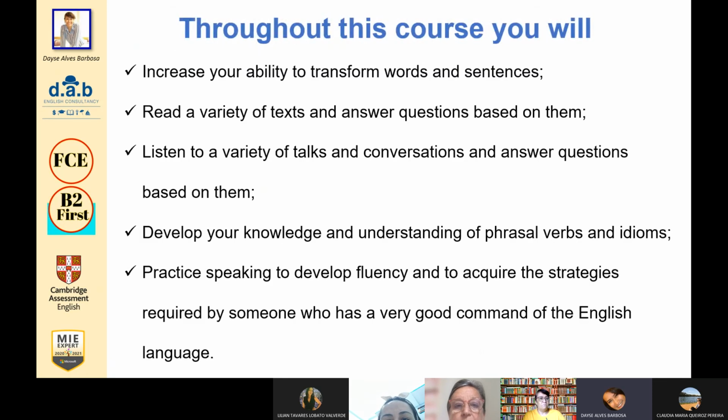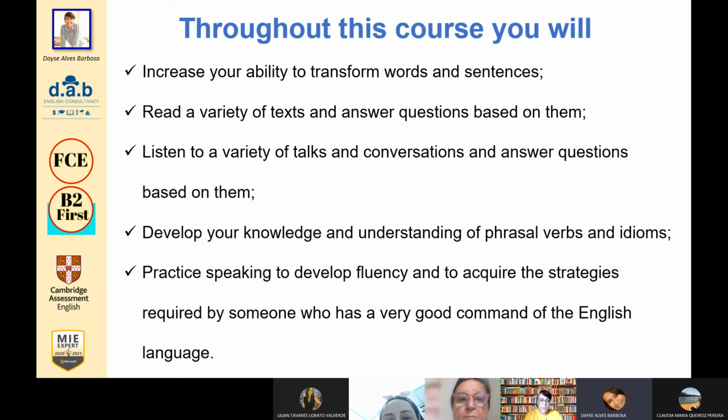Throughout this course, my aim and your aim, of course, is to increase your ability to transform words and sentences. Let me explain this, because you know Portuguese, we know that we have a root word, and then we can expand that word into other words.